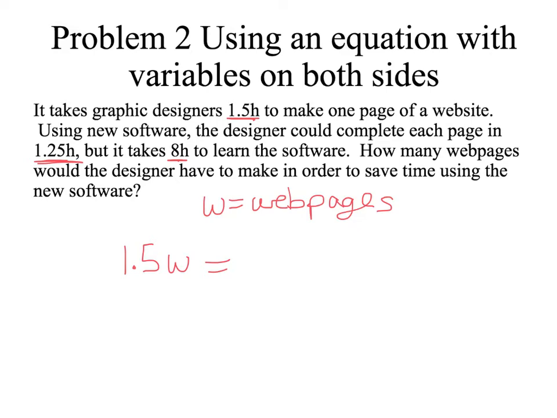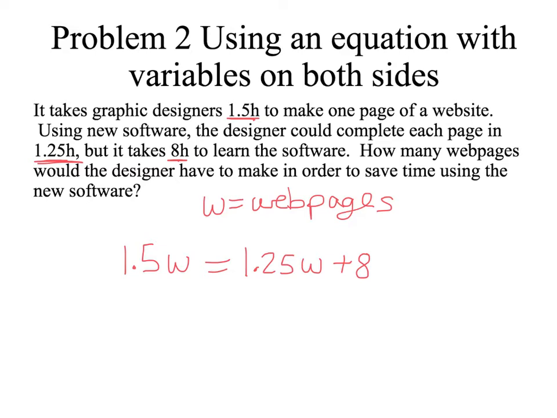Okay, using the new software, he can complete each web page in 1.25 hours. So every web page is going to take 1.25 hours per web page. But it takes you an extra 8 hours just to learn the software. So you have to add on 8.